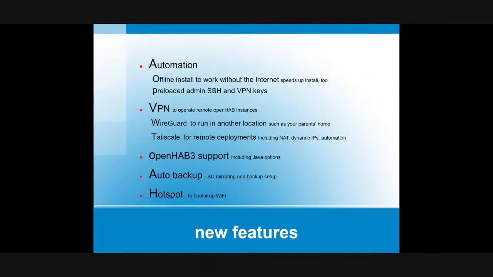Latest addition was a hotspot, so if you don't have Ethernet and you want to jumpstart your system, well, it's a chicken and egg problem. So now you have a hotspot that you can use to do the first time configuration of the Wi-Fi interface.